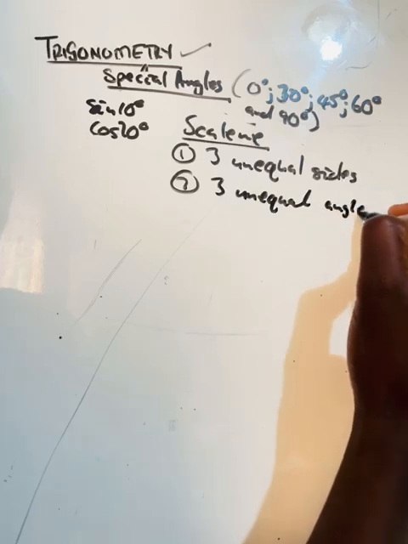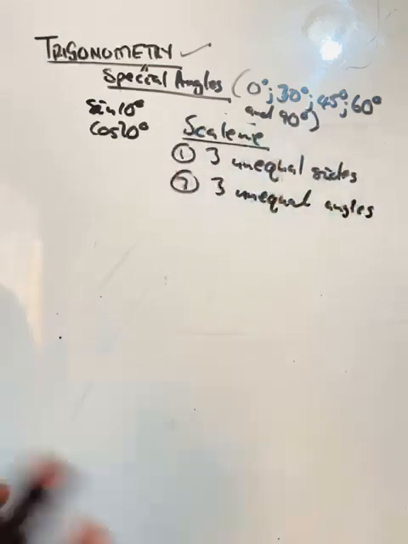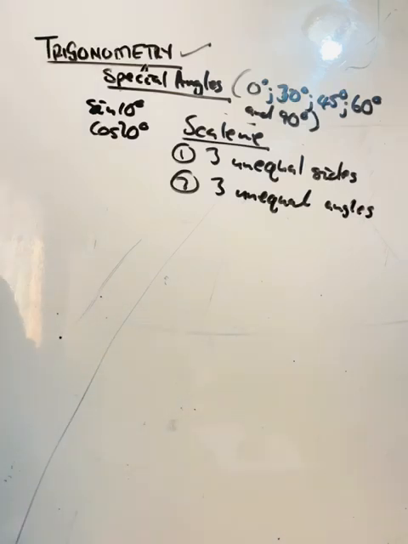So of the 3 sides, there is not even a single side which is equal to the other, and also the 3 angles, there is no angle that is equal to the other.